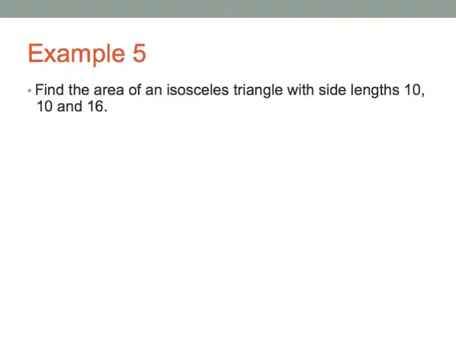Example 5. Find the area of an isosceles triangle with sides 10, 10, and 16. Again, I'm going to underline what they're asking me for. Find the area of the isosceles triangle. Let me draw that in here with sides 10, 10, and 16.